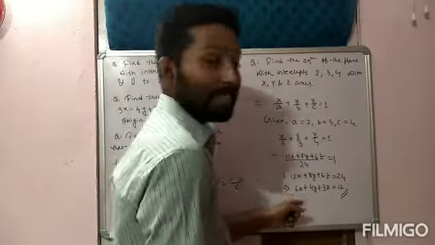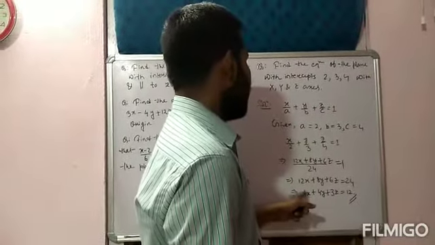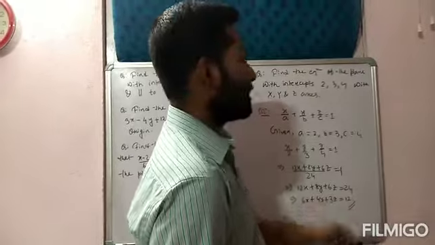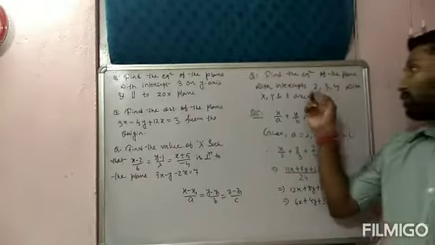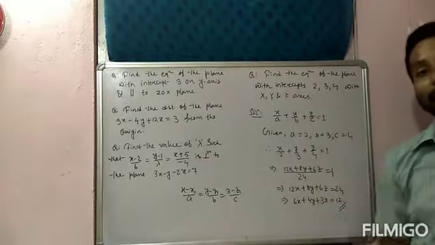Now you can say that it is in standard form. Okay, 6x plus 4y plus 3z is equal to 12. This is the required equation of the plane whose intercepts are 2, 3, 4 with x, y and z axis.